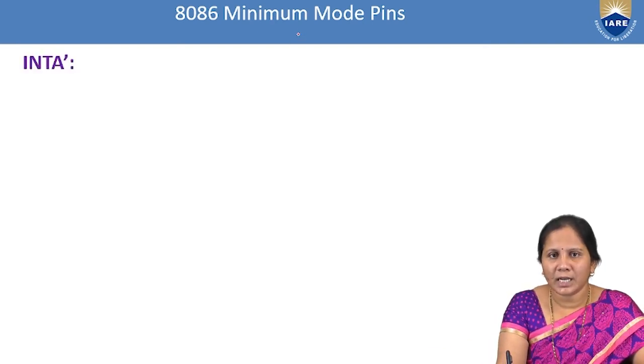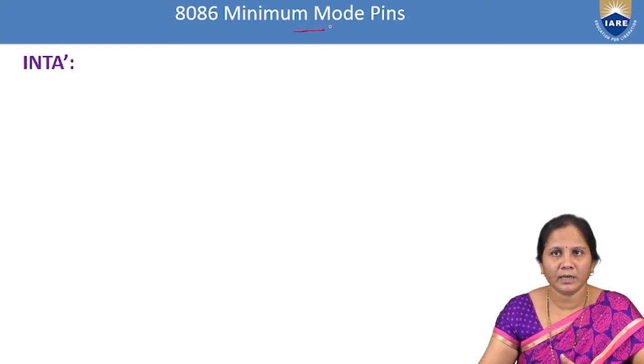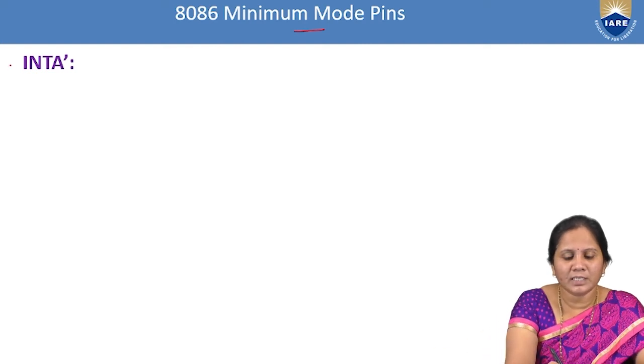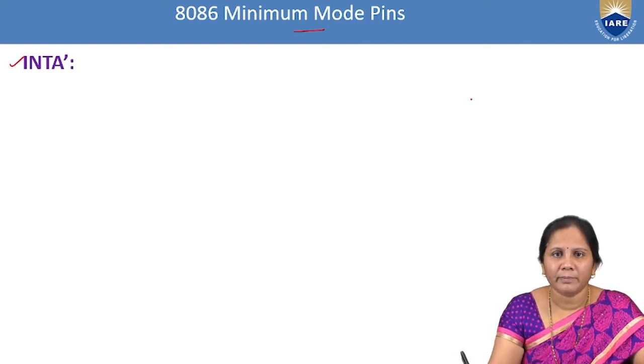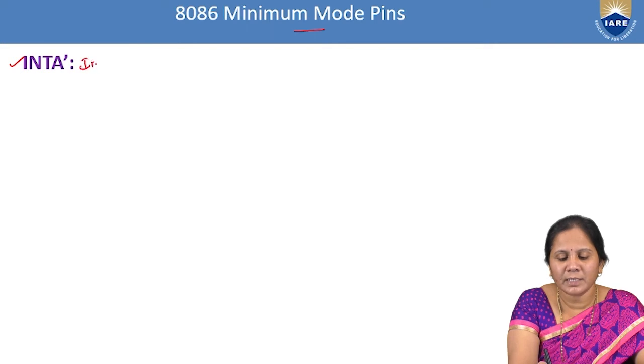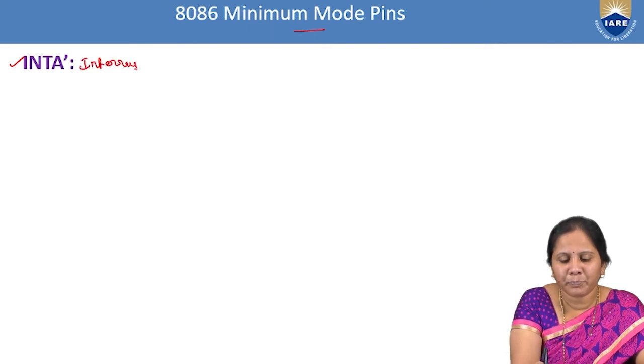Coming to the next classification of the signals, that means the signals coming under minimum mode pins. The first signal is INTA bar. INTA represents interrupt acknowledgement.